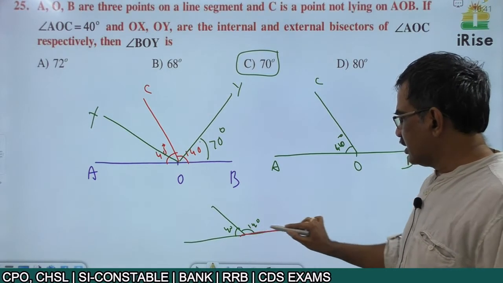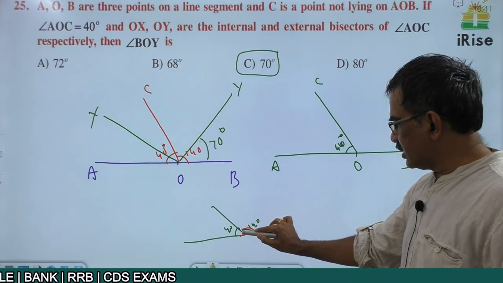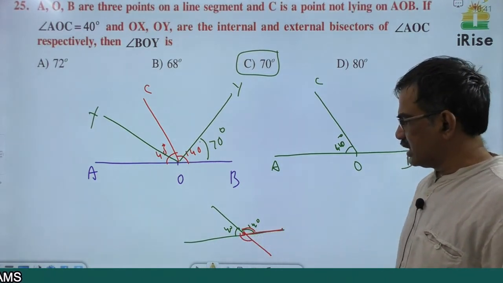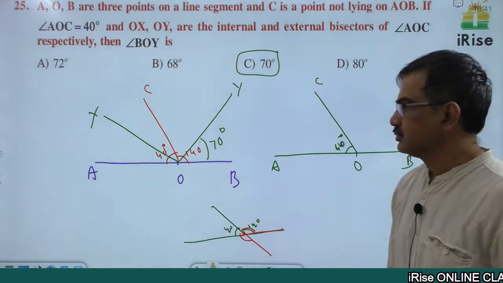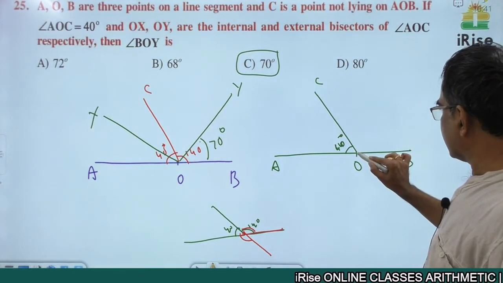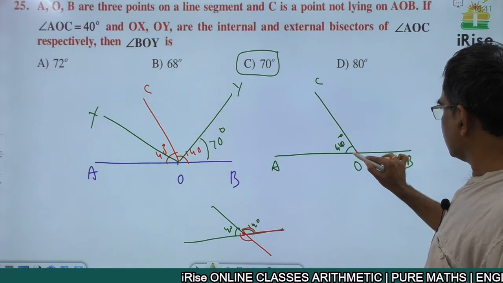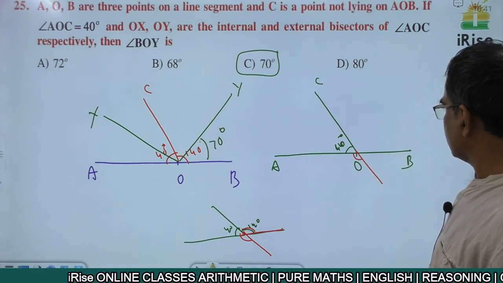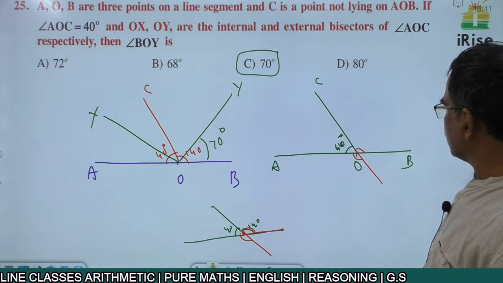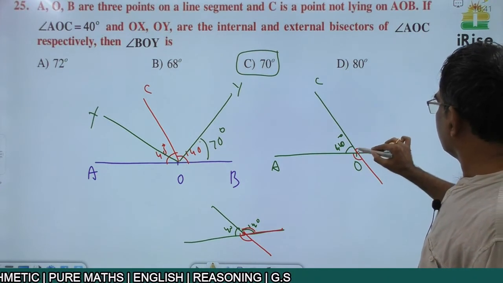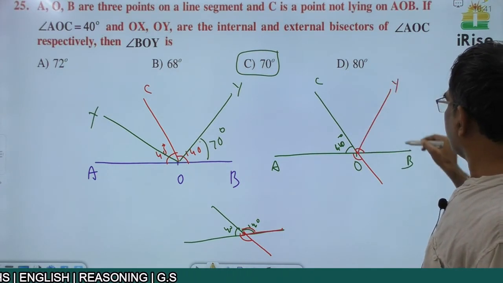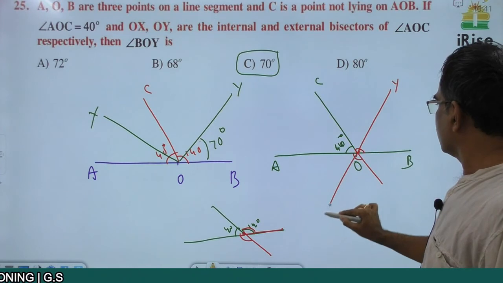If you extend like this, this is the exterior angle. If this is extended, then this is the exterior angle. Even this is also an exterior angle. If this is Y, this angle is 70.